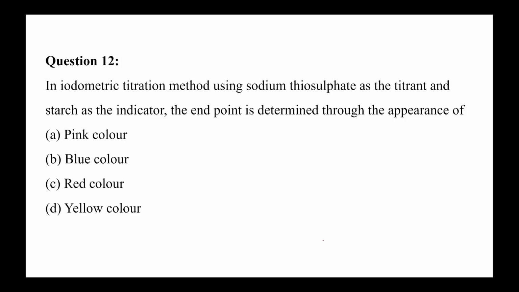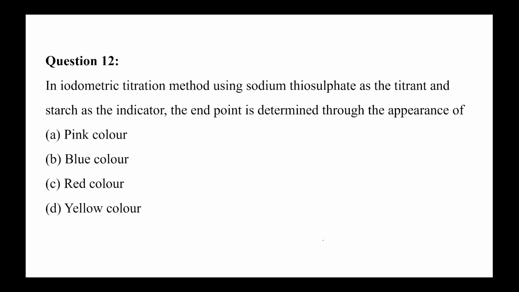In iodometric titration using sodium thiosulfate as the titrant and starch as the indicator, the end point is determined through the appearance of: option A, pink color; option B, blue color; option C, red color; option D, yellow color.